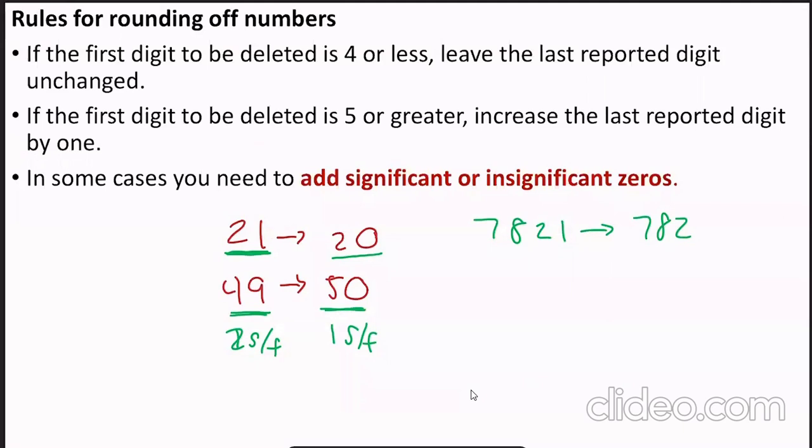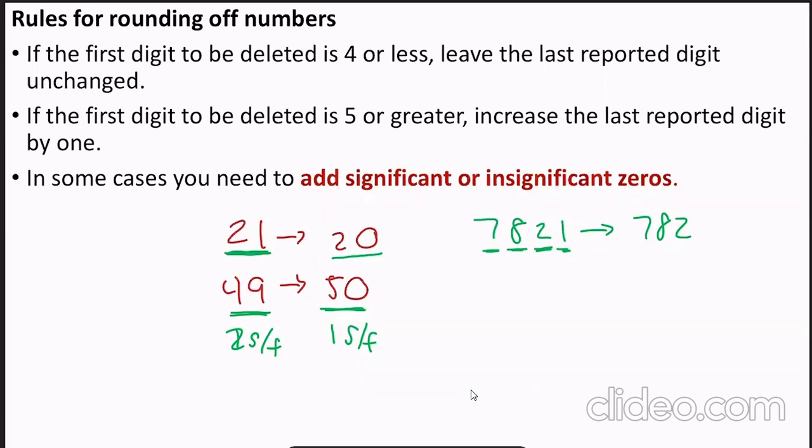But if we're rounding 7,821, would it be correct if we round that to 782?